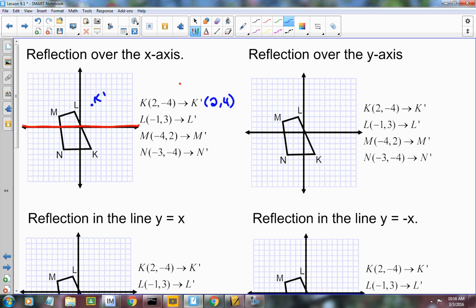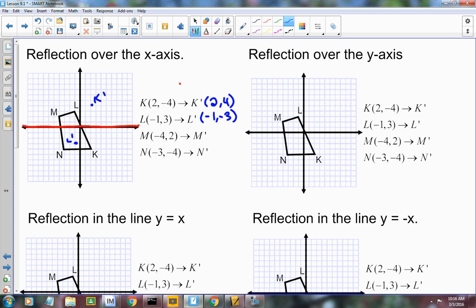If I look at L, L is 3 units above that line, and so it's going to be 3 units below. And so its coordinates are going to be -1, -3. Can you see a pattern of what's happening with my coordinates? Here it was 2, -4, and when I reflected it became 2, 4.